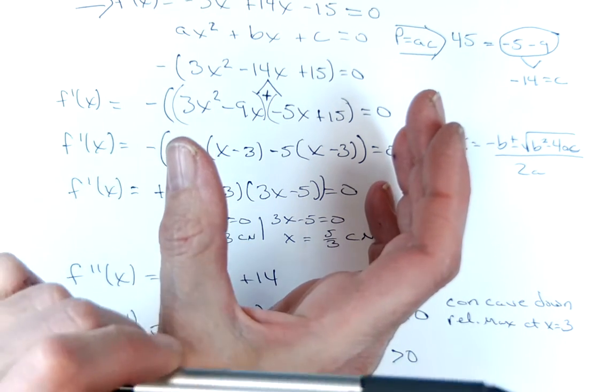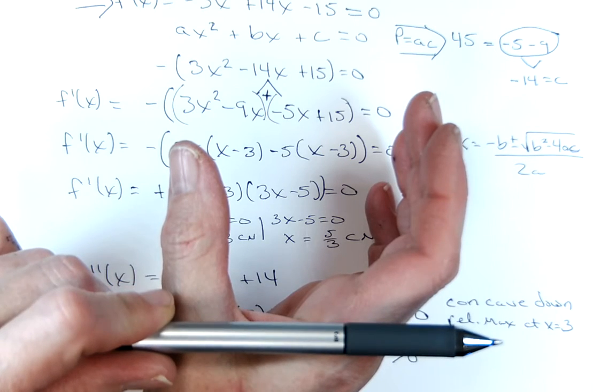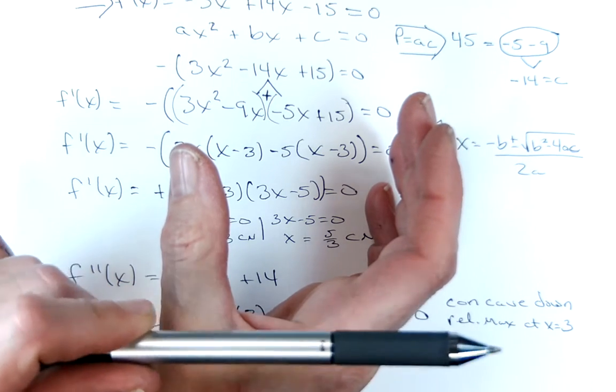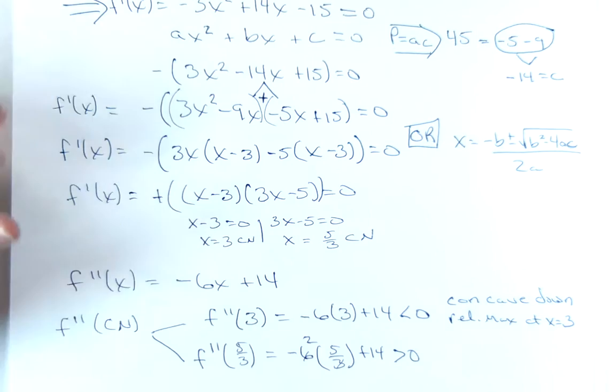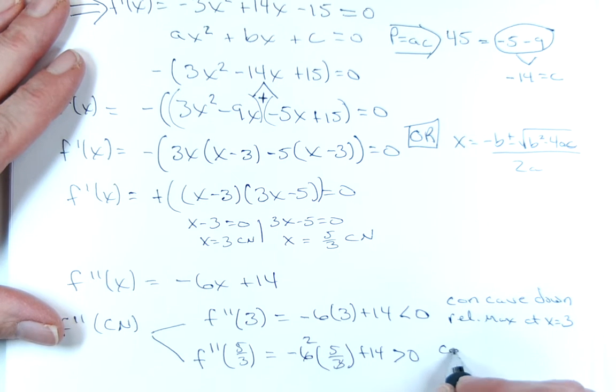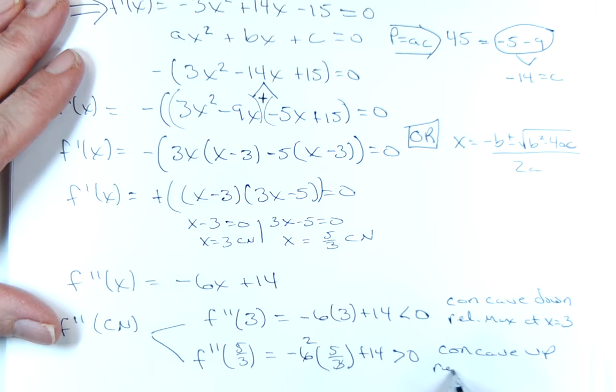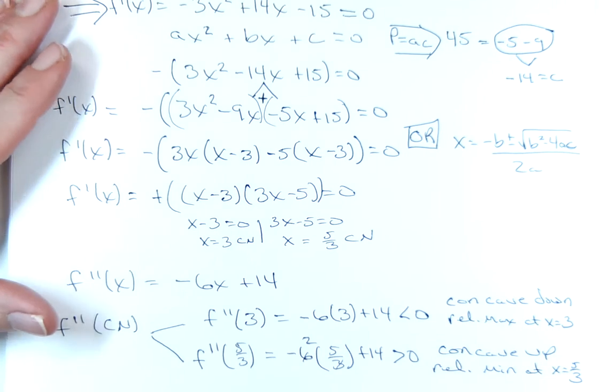And if there's a critical number in that interval that has a horizontal tangent, then it's at the bottom, so it must be a relative minimum. So we have concave up. Relative min at x equals 5/3.